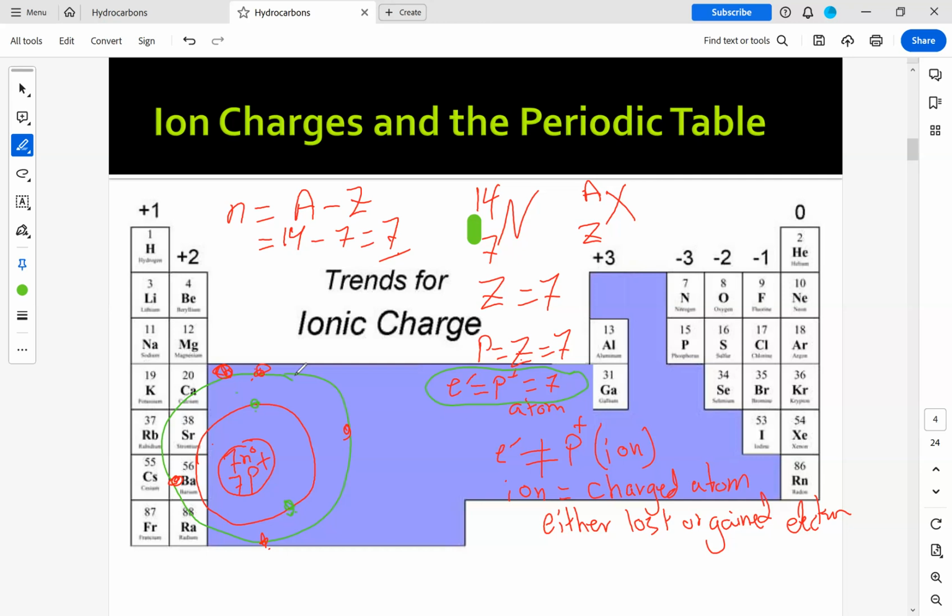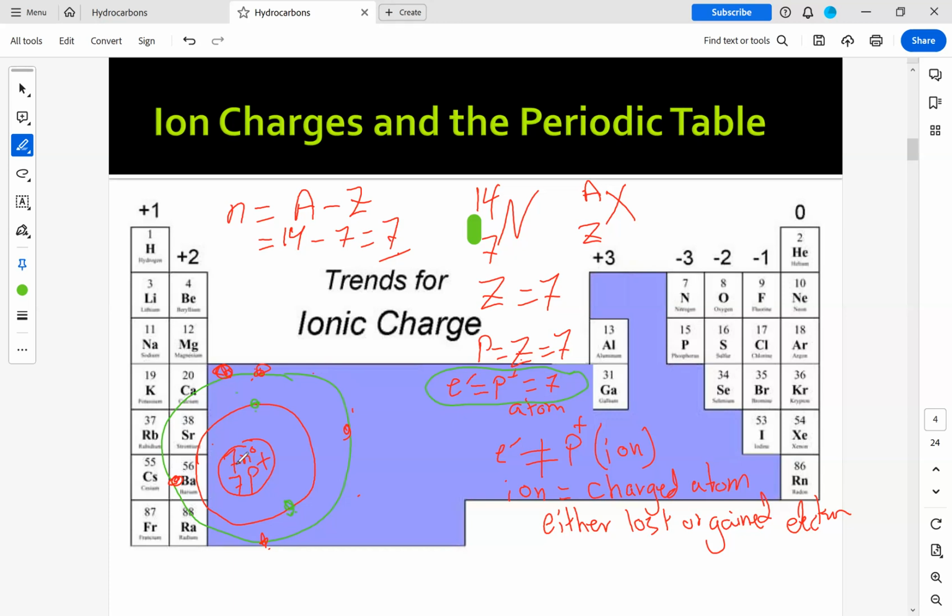So is this okay? Yep. Okay, so how many electrons are in the outermost shell? 5. So how many should it be? 8.